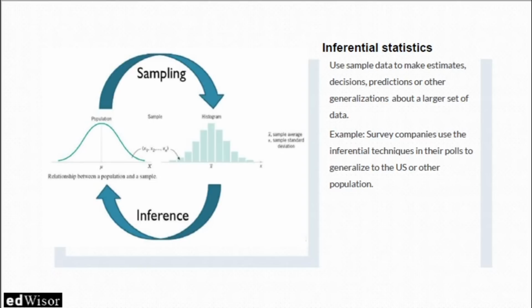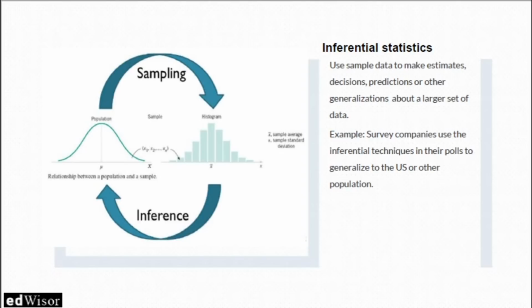We use sample data to make estimates, decisions, predictions, or other generalizations about a larger set of data. So guys, in inferential statistics, what we do is we take a sample. What does the sample mean? When you visit a shop to purchase grains, you take one handful of grains to assess the quality of the grains present in the whole bag.